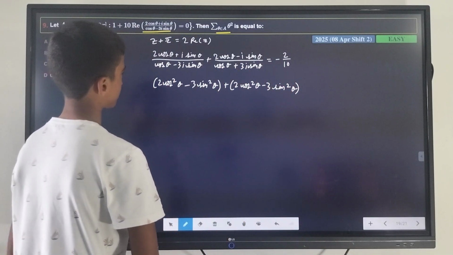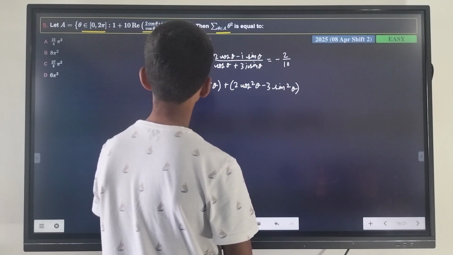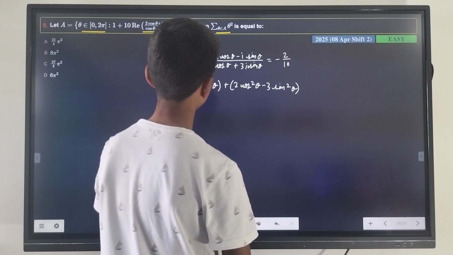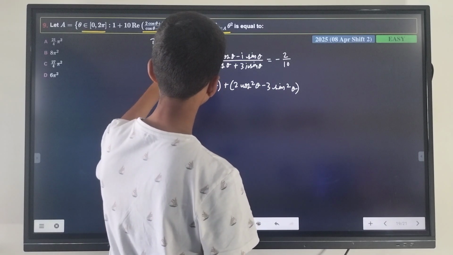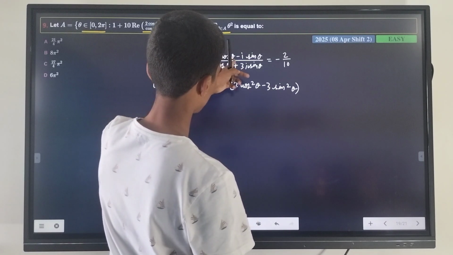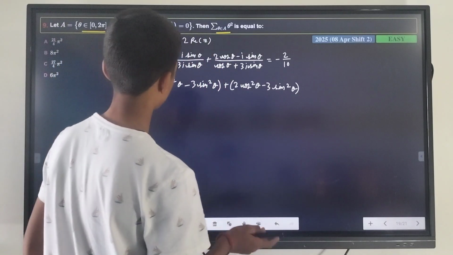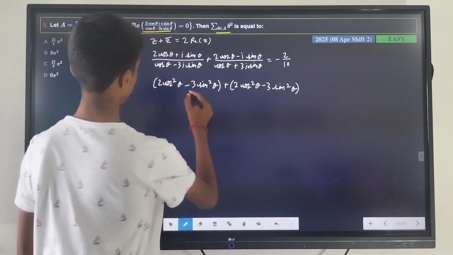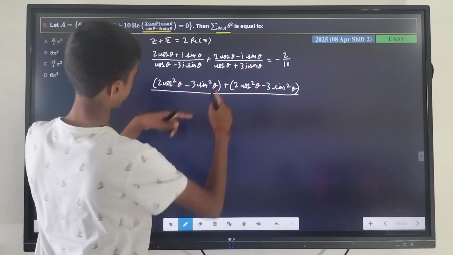Now for the imaginary part, 6, 7 and here also minus 7. Here we will get plus 7 sin theta cos theta with iota, and here we will get minus 7 sin theta cos theta with iota. So those parts will get cancelled, divided by denominator into denominator.